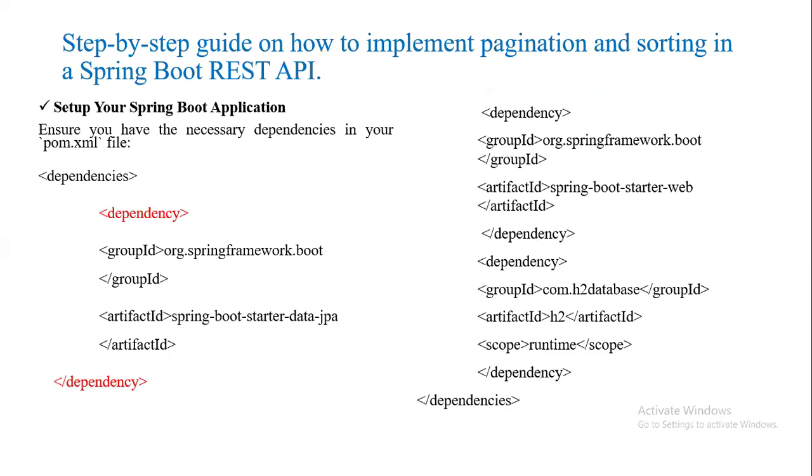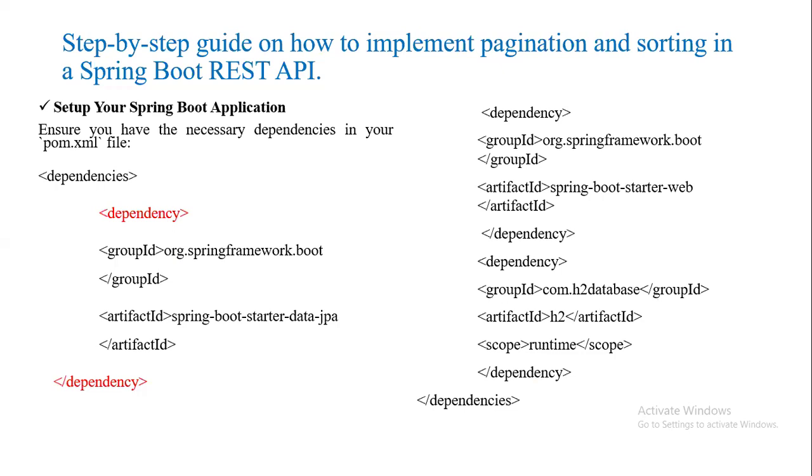Let's see the step-by-step guide on pagination and sorting in a Spring Boot REST API. First step, we have to set up the Spring Boot application. Initially, we have to ensure whether we have the necessary dependencies in our pom.xml file or not.